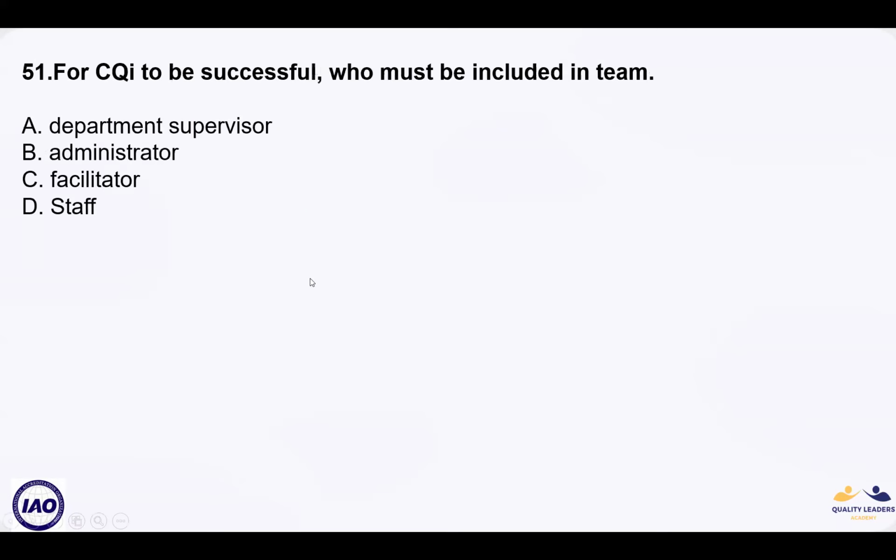Question number 51. Here, for CQI to be successful, who must be included in the team? Look, he's asking for a CQI to be successful, who must be included in the team? Whether it is a department supervisor or administrator or a facilitator or a staff.